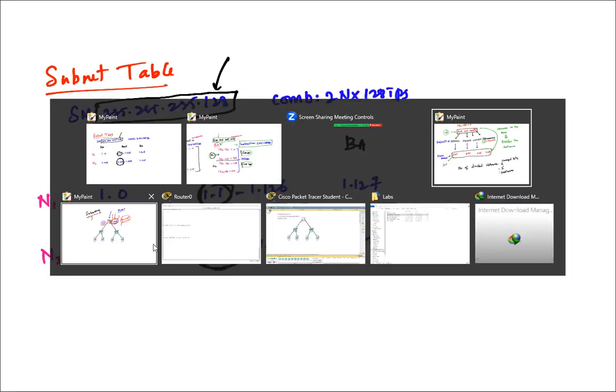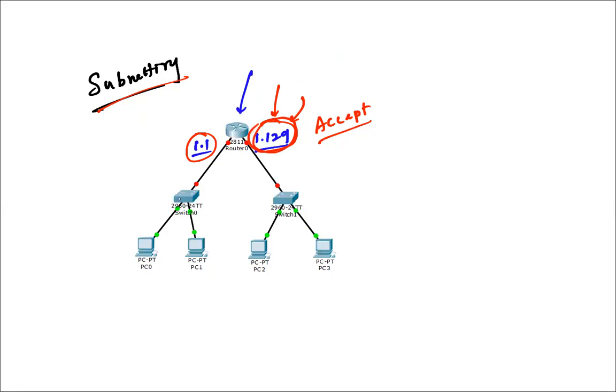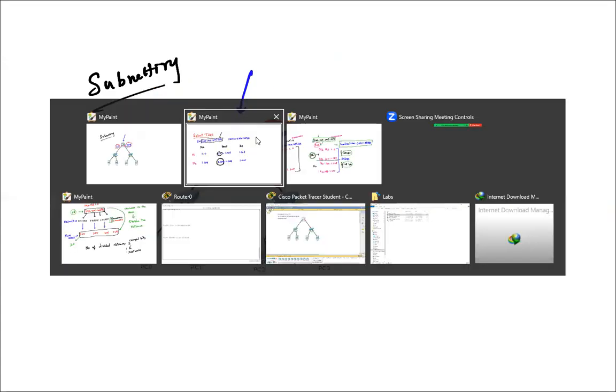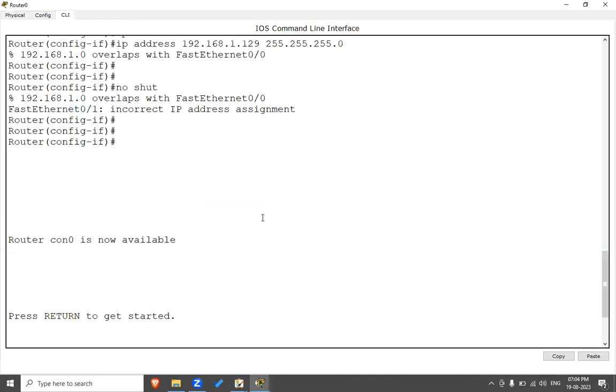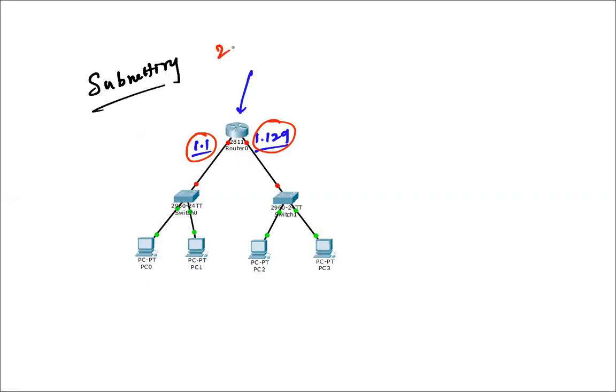Now let's go back to the same topology where we initially had a problem, when I was trying to configure 1.1 and 1.129. Why was the router showing that error? Because of the mask I was using there, 255.255.255.0. With that mask, these two IP addresses are in the same network.